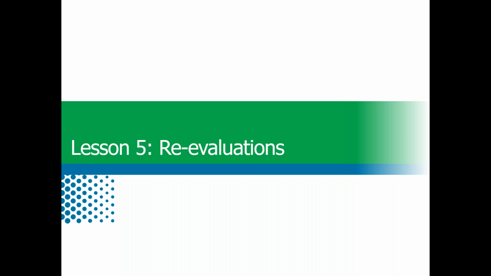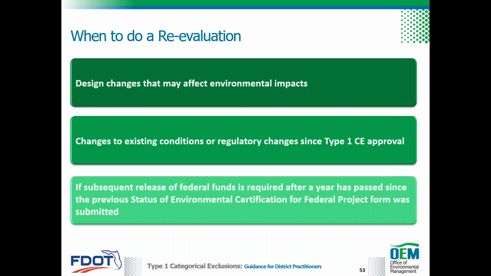In our last lesson of the day, we're going to briefly go over reevaluations. When a project moves to another phase or it has design changes, you're going to review the Type 1 CE checklist to see if it remains valid. Reevaluations should be completed when changes have been made to the project that may affect environmental impacts.